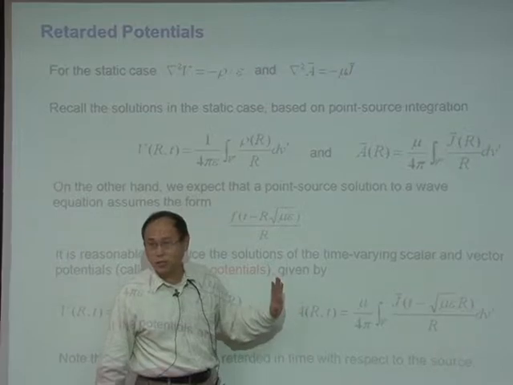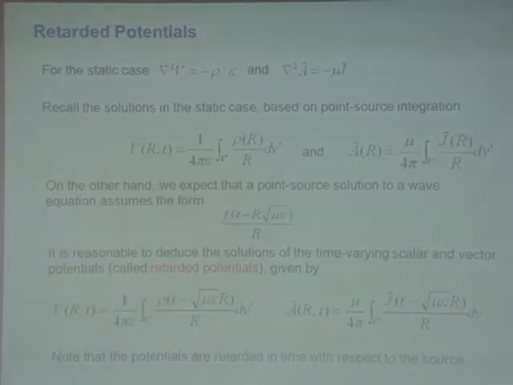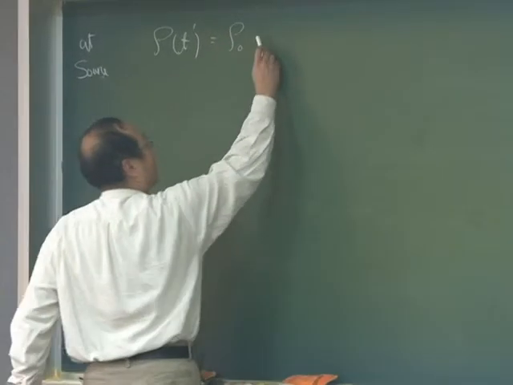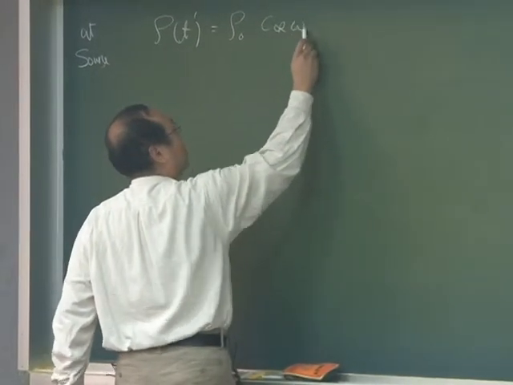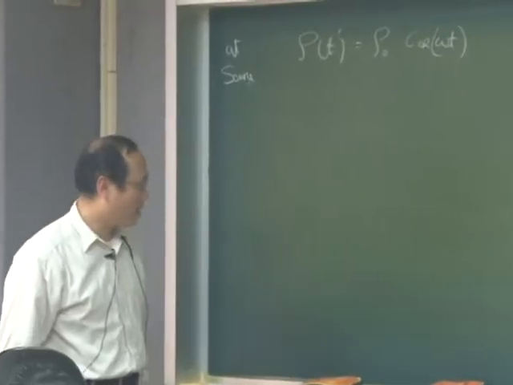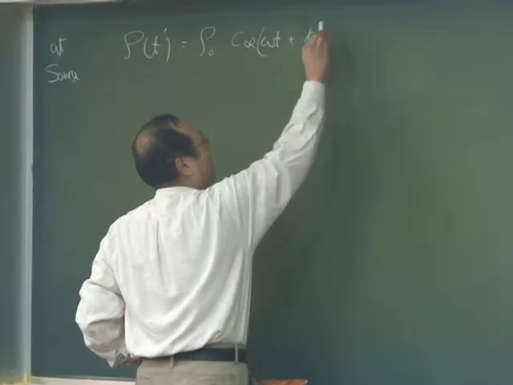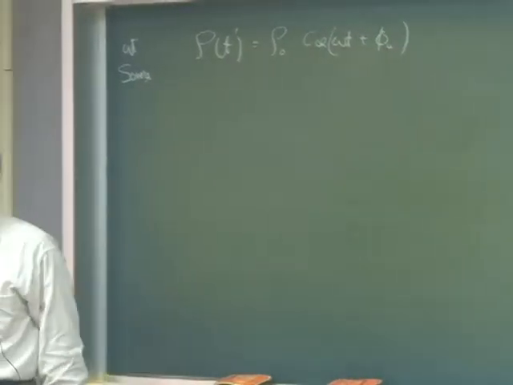They are at different times. So right at the source, suppose that you have something like a harmonic oscillator, cosine omega t. Sometimes you can just put an initial phase to your source, right?